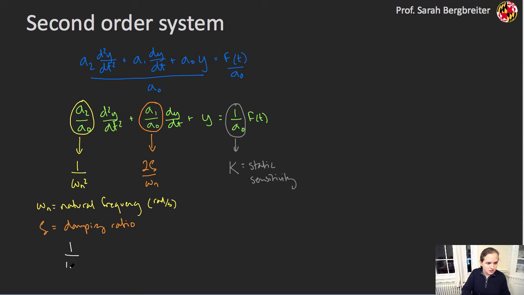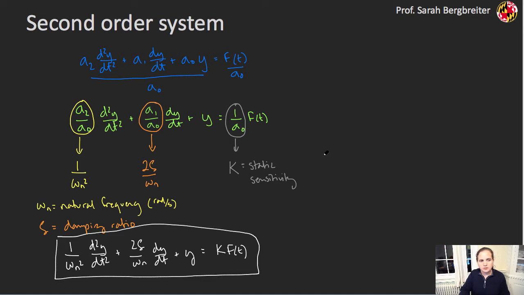So my canonical second order system is going to be defined as 1 over omega n squared times that second derivative, plus 2 zeta over omega n times the first derivative, plus y is equal to K f of t. Not surprisingly, for our first order system, we had one parameter, basically our time constant tau. For our second order system, we have two parameters that are describing the system, both the natural frequency, omega n, and zeta, which is our damping ratio.